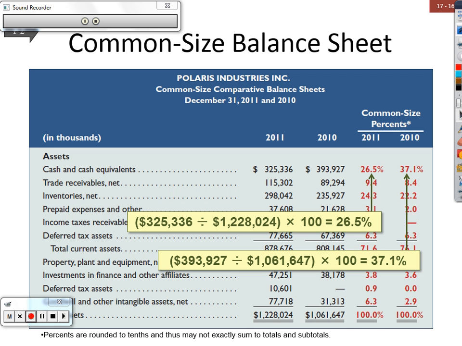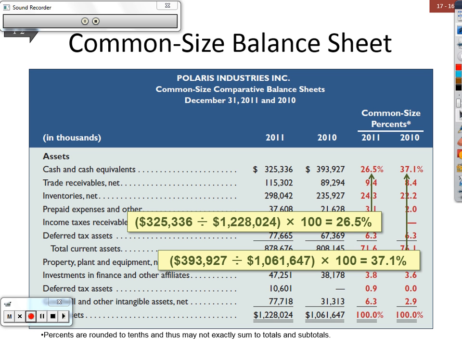So we know that is our base amount. We want to see what cash and cash equivalents percent out to as a part of total assets. So we take our cash and cash equivalents for 2011 of 325,336, divide it into our total assets amount, and multiply it by 100 to equal 26.5%.